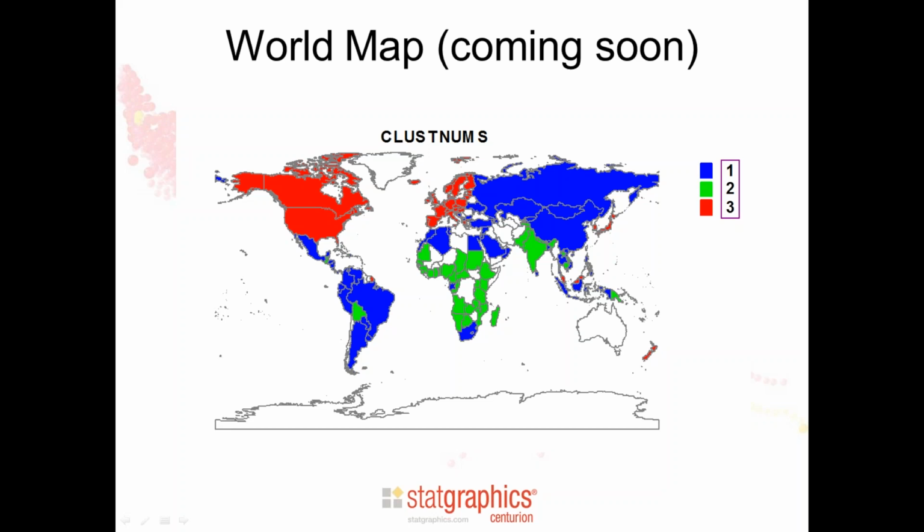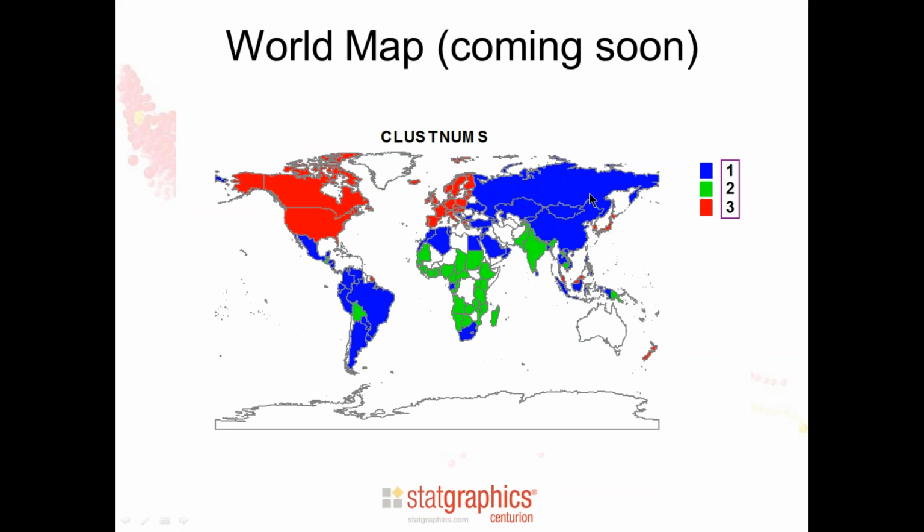I just wanted to give you a little preview and show you how Ward's method did divide the countries into groups. It's a very useful way of looking at the result of the clustering. The red group in this case, which was the group seeded by the United States, ended up with the US, Canada, most of Western Europe, New Zealand, Japan, and a few other countries around the world.